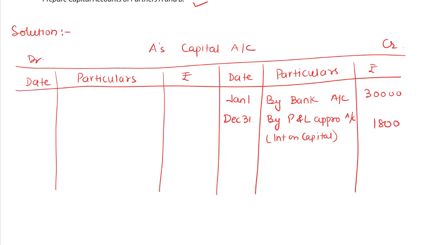We have calculated 1,800: 30,000 multiplied by 6%.